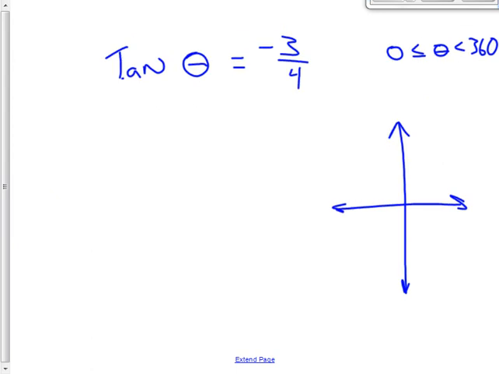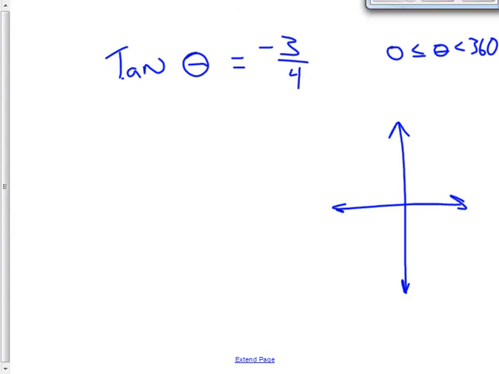Let's try another one. Another nice easy one with the tangent here. We've got tangent is negative. If the tangent is negative, again you can refer to the chapter 2 worksheet that we had for the resource sheet.